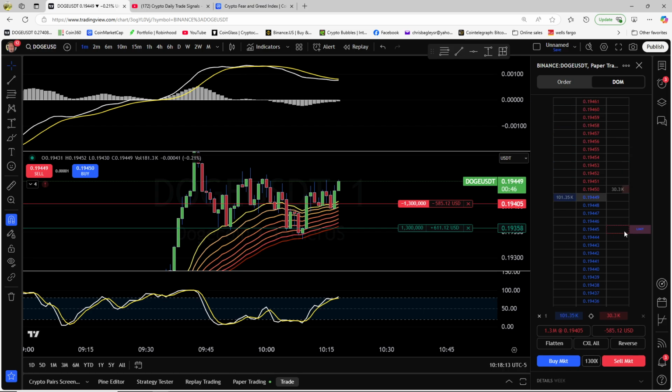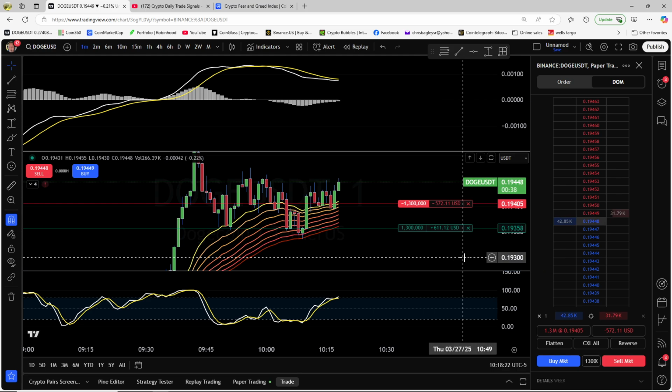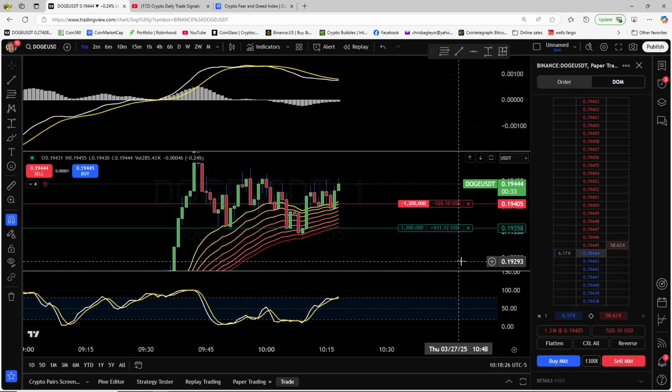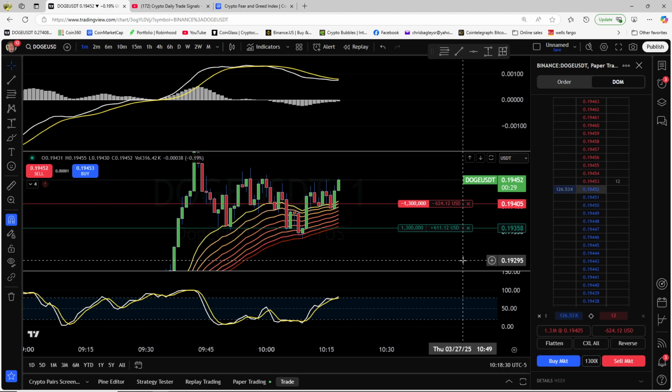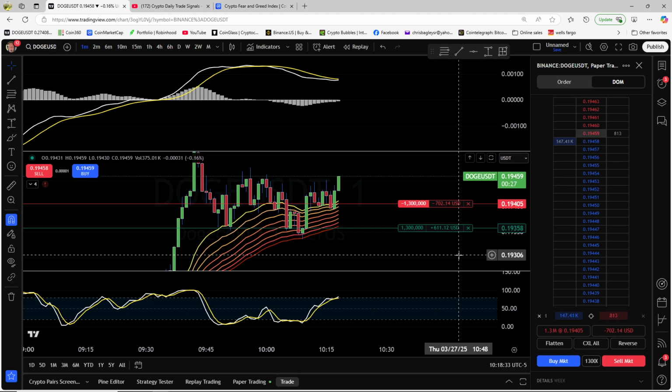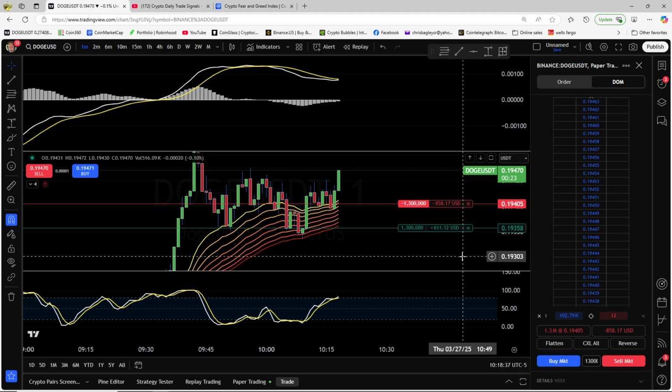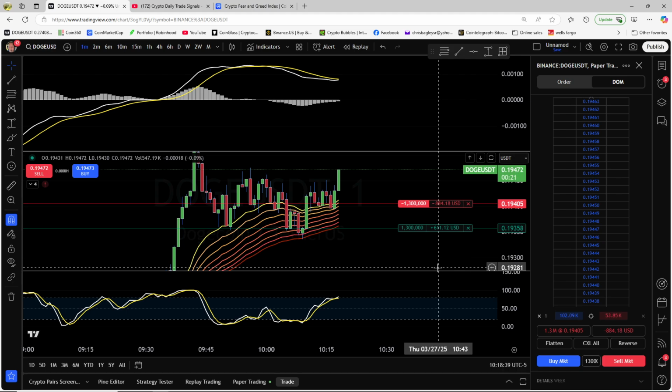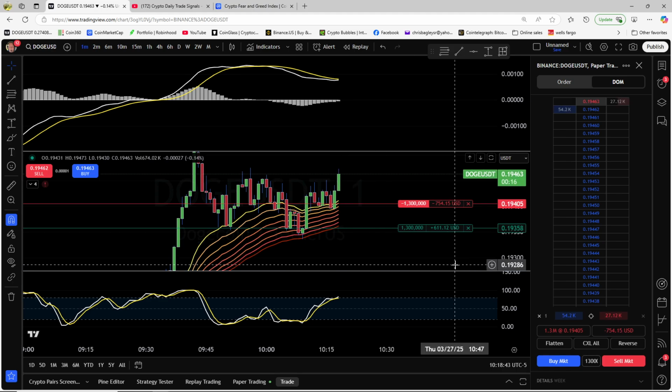How come these buyers weren't doing this earlier when I wanted them to? Man, look at that big old candle. Jesus.